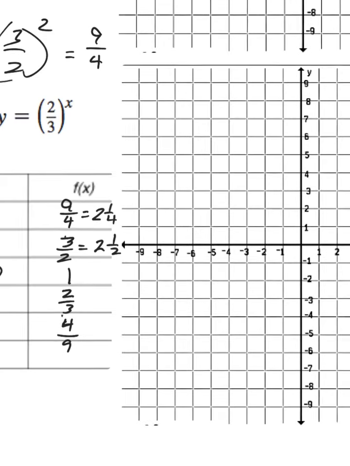Again, graphs are approximate, so you don't have to get the exact place. But -2, 2 1/4, somewhere like this. -1, 2 1/2, a little bit higher. 0, 1.